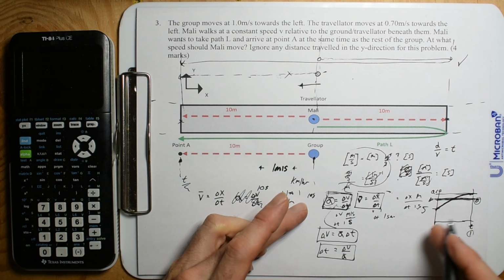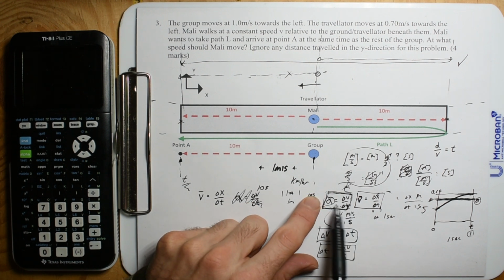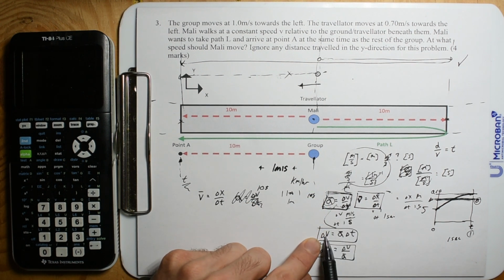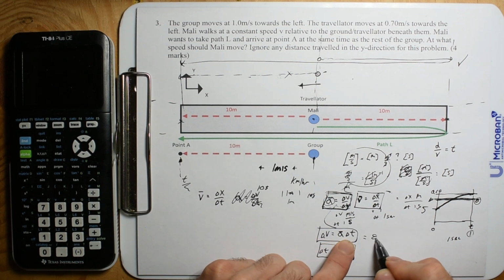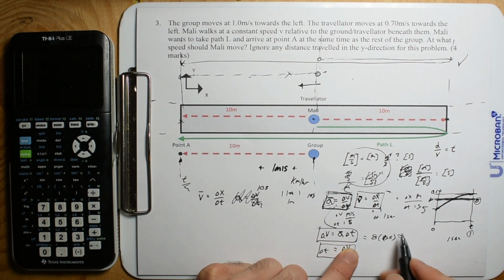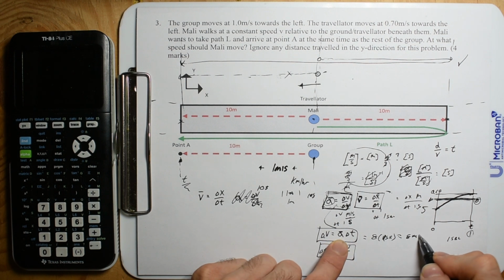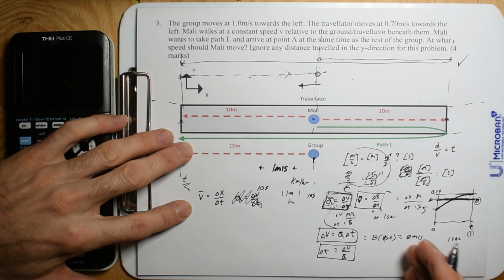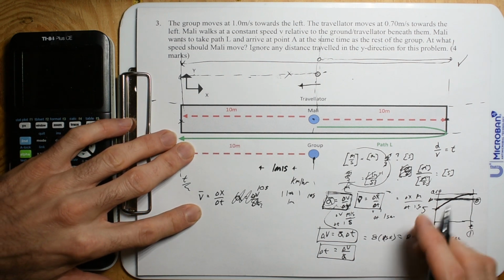This is an equation of 3 different things. I know that one and that one, so I can find change in velocity. I can say 8 times 1 second, and the units match up, and we have a change in velocity of 8 meters per second.